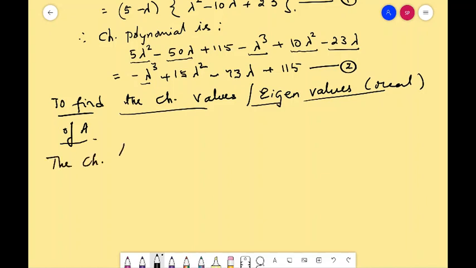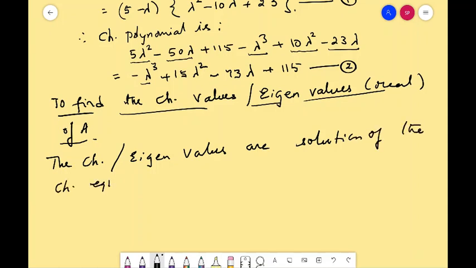The eigenvalues are solutions of the characteristic equation.